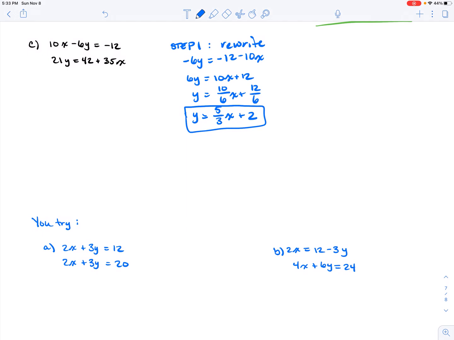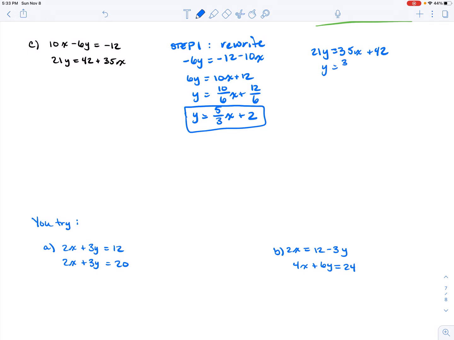Rewrite the second one. I have 21y equals 42 plus 35x. Let's make that a little more clear so it looks like a 35x plus 42. So all I did is rearrange those.